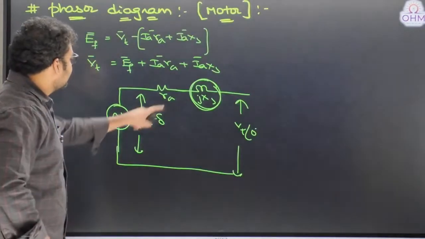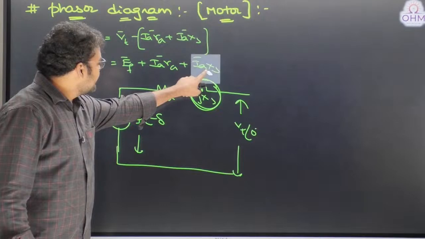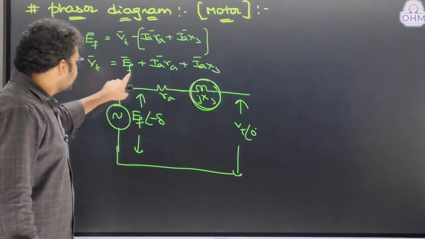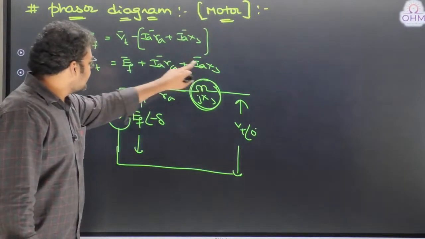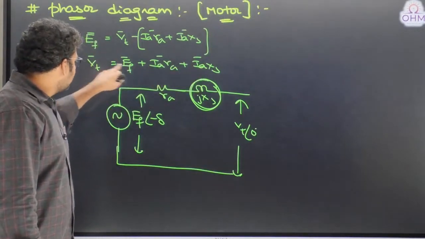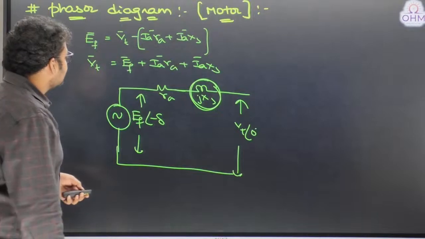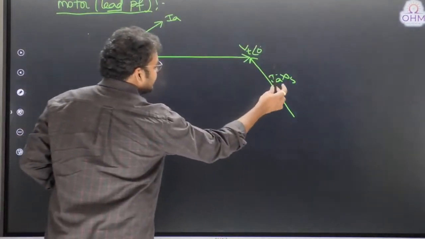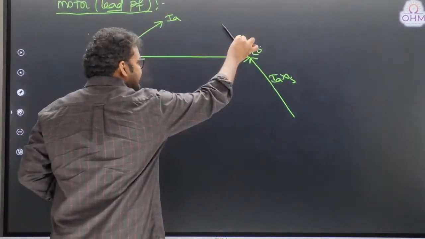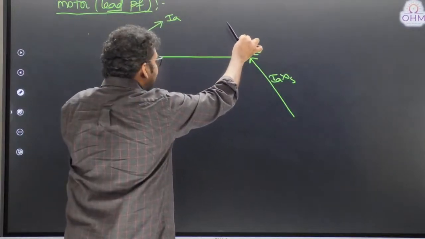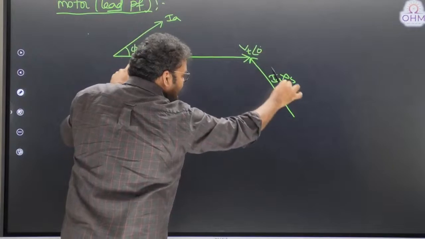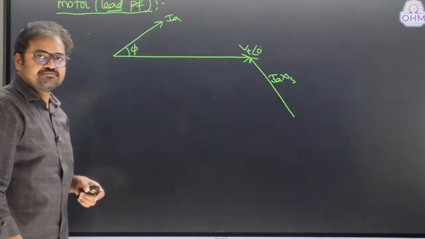Because the rule is IaXs drop must be added to EF, not to Vt. I repeat, IaXs drop should be added to EF. Don't add to Vt. Suppose I draw this IaXs drop above this Vt, that means you are adding the drop to Vt. But the rule is we should add the drop to EF. That's why draw it on the bottom side of Vt.